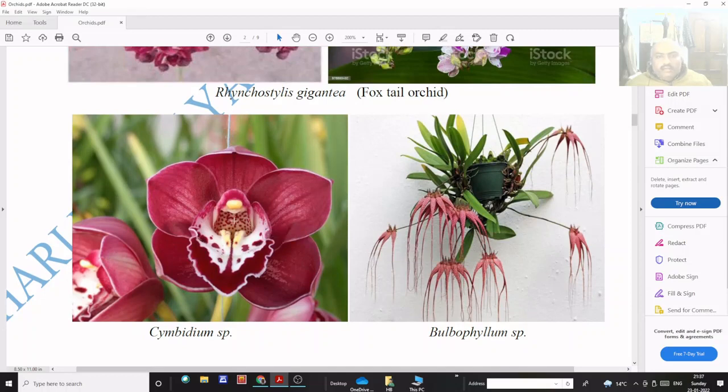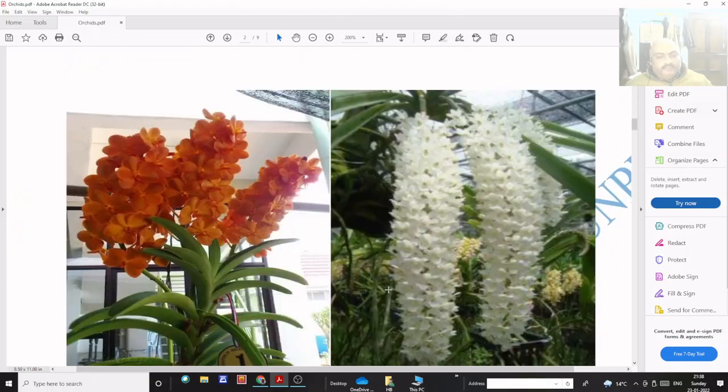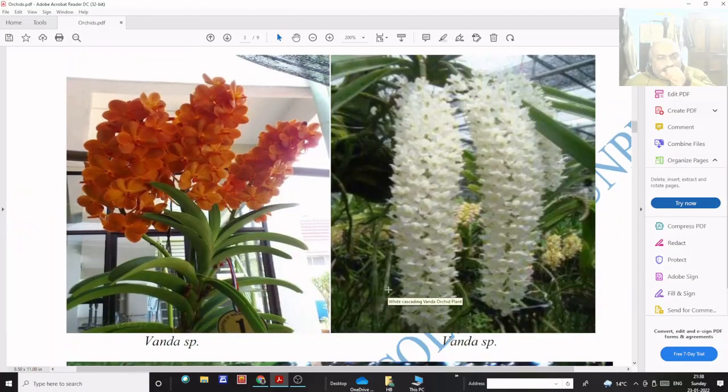Moving ahead, these two images belong to the genera Cymbidium and Bulbophyllum. Like many other genera, these two images are from genus Vanda.